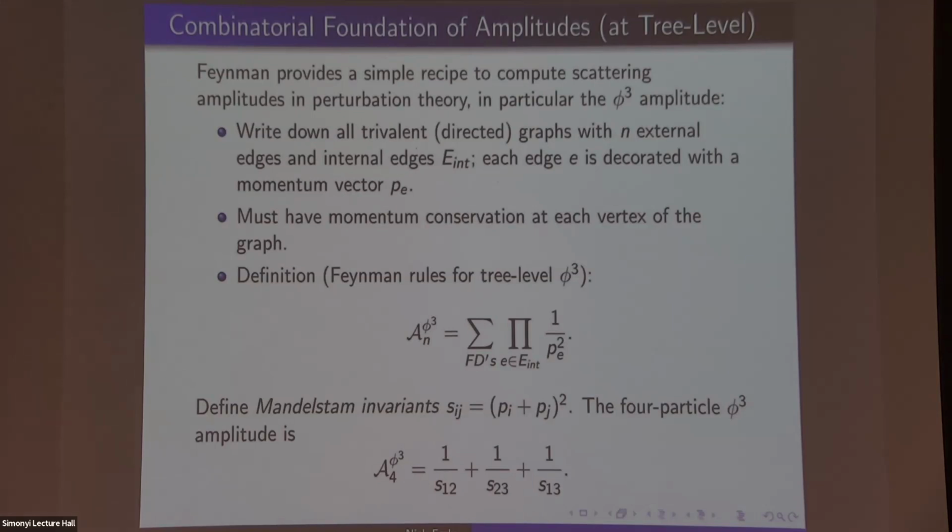We take a Feynman diagram as we had before. We take a product over all the internal edges, and to each internal edge, we attach the squared sum of the momentum flowing through that edge. And then we sum over all tree-level Feynman diagrams. That's the sum over all cubic trees embedded in a disk with n external leaves and external legs.